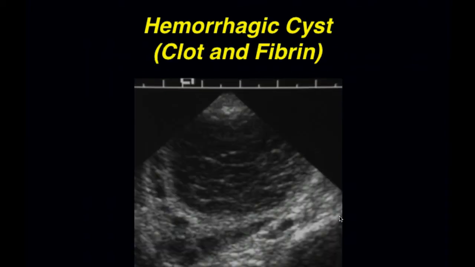How do we tell the difference between clot and septations? Well, I'm here to tell you that there's no foolproof method of doing it. So caution is the word of the day. However, here we see a lesion that has 30 lines in this one cut that we might think of as a septation.